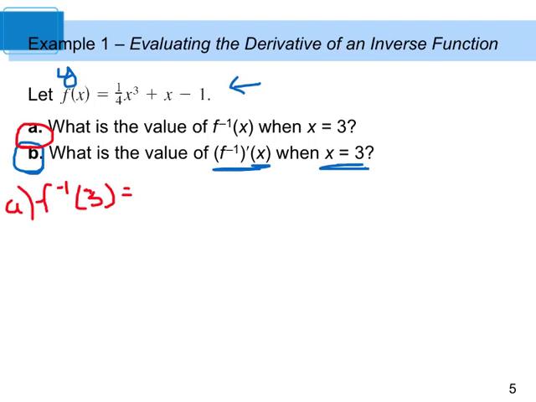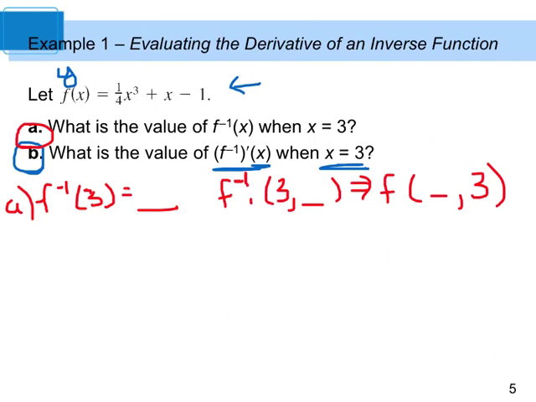The way I find it is to think: if f inverse has the point (3, something), then that must imply that f had the point (something, 3), because if there's a point (a, b) on a function, then the point (b, a) is on its inverse. So all I need to do is set f equal to 3, because that would be my y value here.